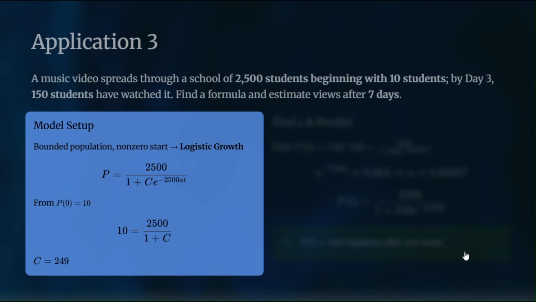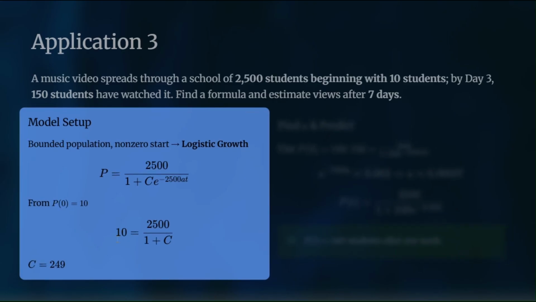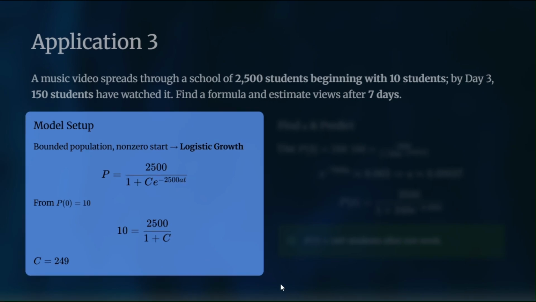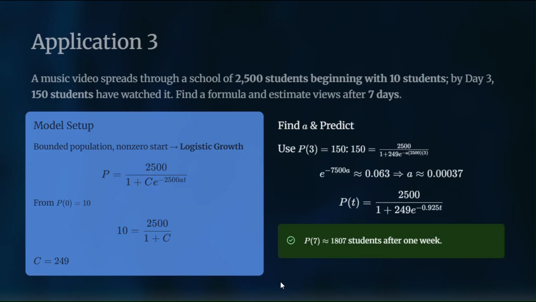So P will be equal to 2,500 over 1 plus C e to the power negative 2,500 times A times T. Given the condition that it begins with 10 students, meaning at time t equals 0 the population is 10, we can solve for C. If we let 10 be equal to 2,500 over 1 plus C, because when t equals 0 the exponential will be 1, C will be equal to 249.